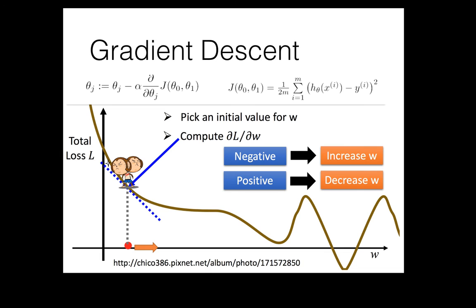Using the formula in the top right corner, if the slope is negative, theta will increase. If the slope is positive, theta will decrease. Repeat this action many times. Theta will approach the lowest point step by step.